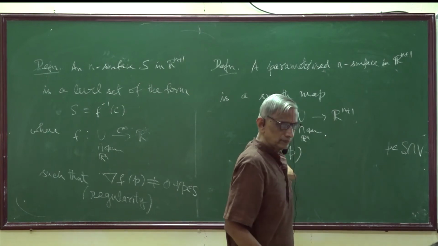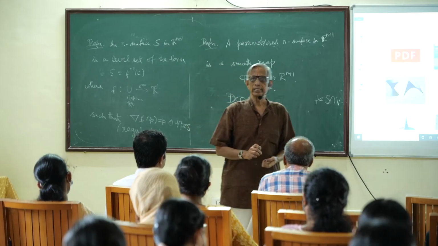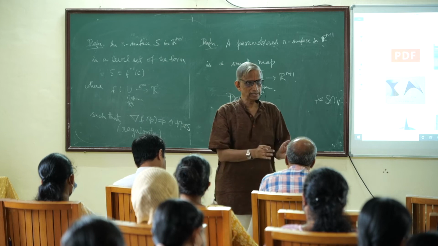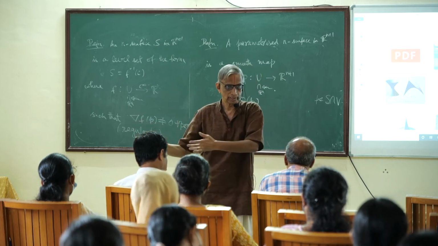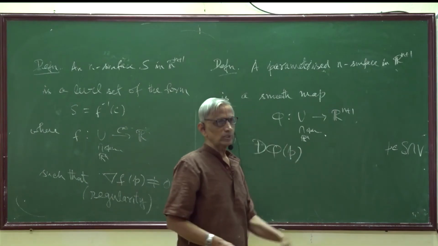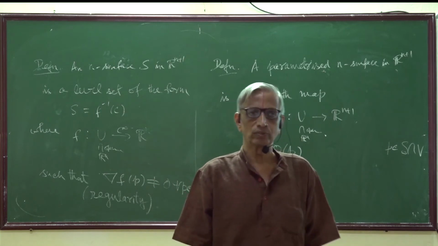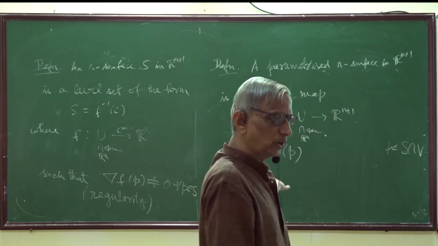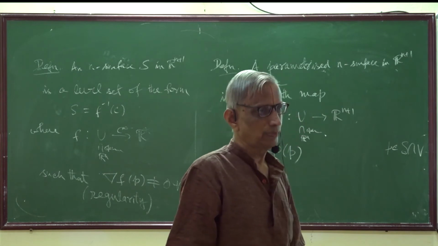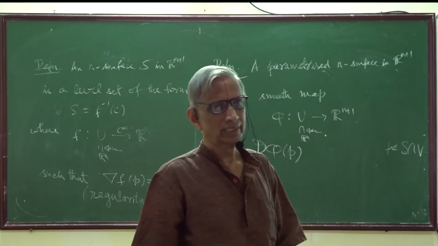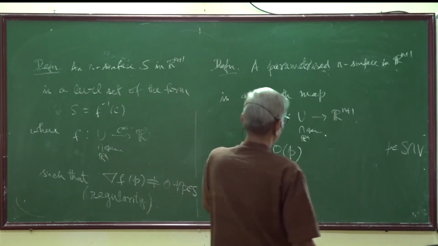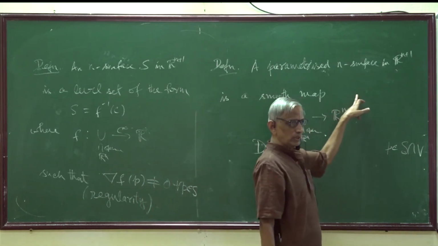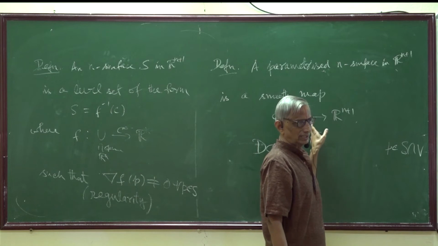So the derivative is going to be a linear map from Rn to Rn plus 1. What is the possible dimension of the range? Or in other words, what can you say about the rank of this map or the Jacobian matrix there? n to n plus 1, so at most it is n, right?